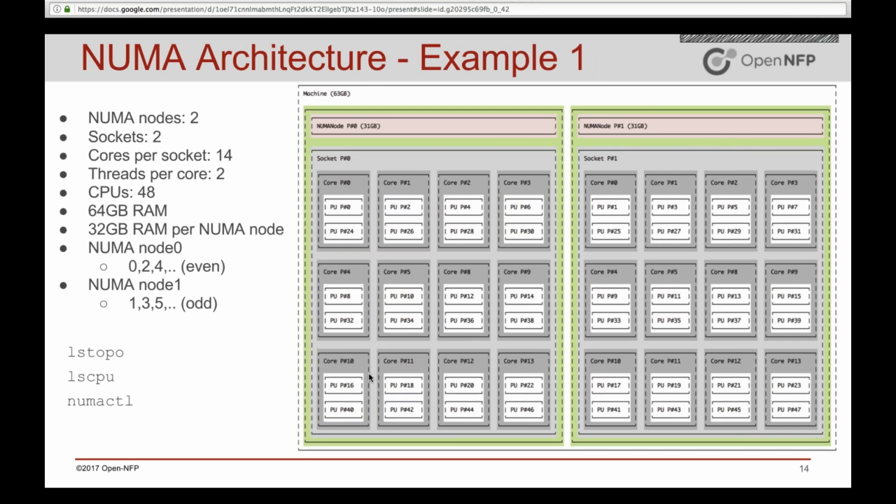So we've got an example here of an output of a tool called lstopo. This gives an example of a machine that we're using on a daily basis. It's a dual-socketed system that's got 64 gigs of RAM. And this diagram itself explains nicely how the NUMA nodes are set up.